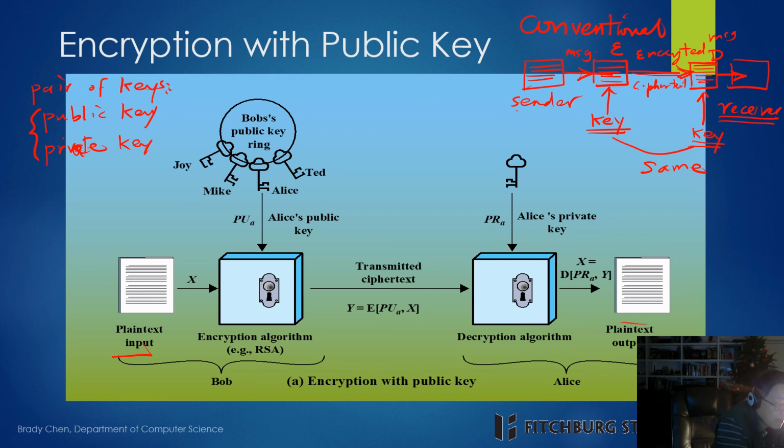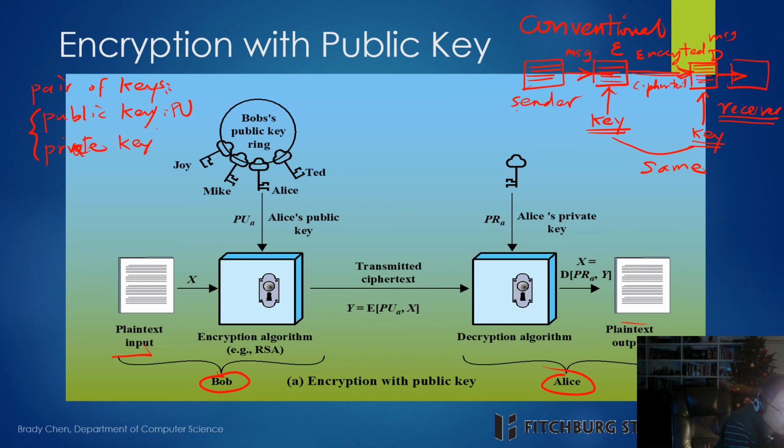In this case, we have two people. One is Bob, who is supposed to be the sender, and we have Alice, who is supposed to be the receiver. Bob is going to create his own public key and private key. We normally use PU to represent the public key.